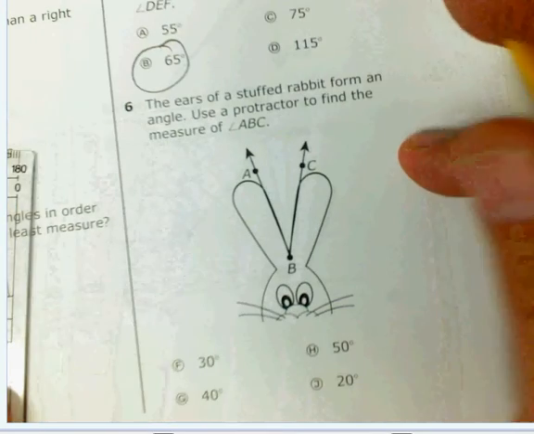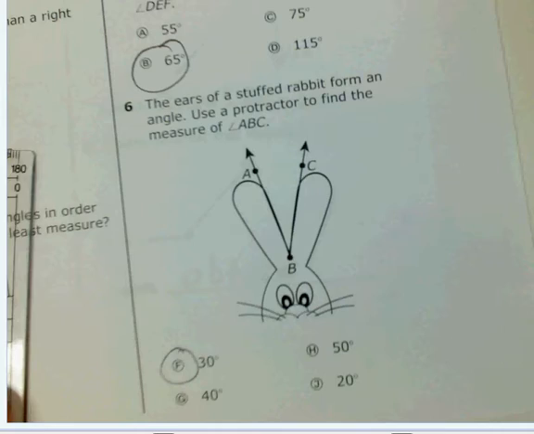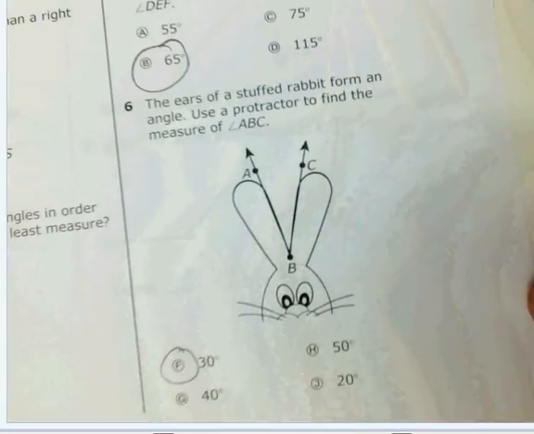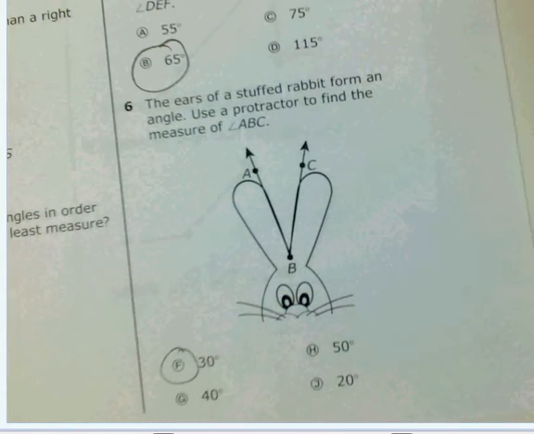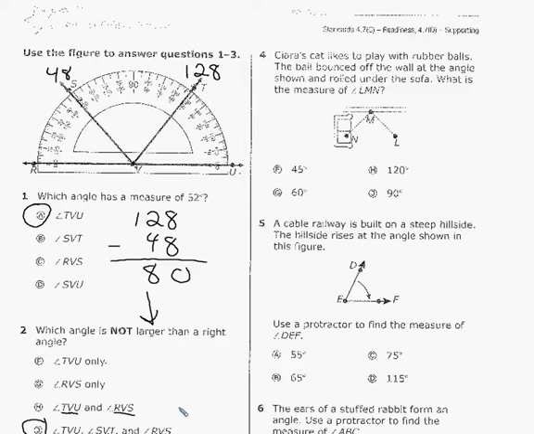I'll look at my answer choices, and I have 30 degrees as an answer choice. Now we'll go ahead and look at the independent practice questions on the next page.